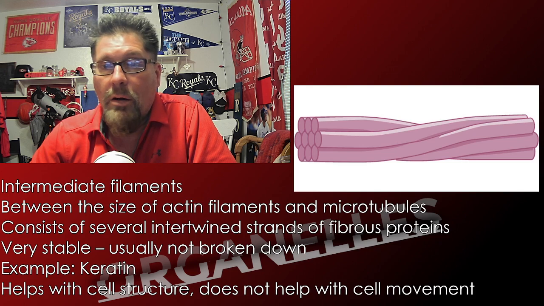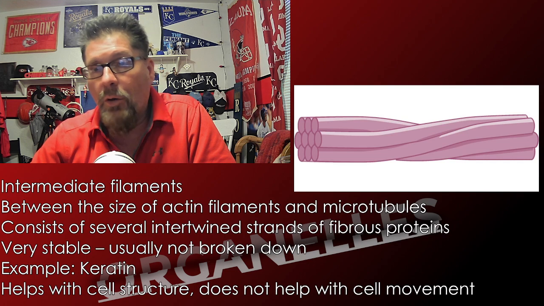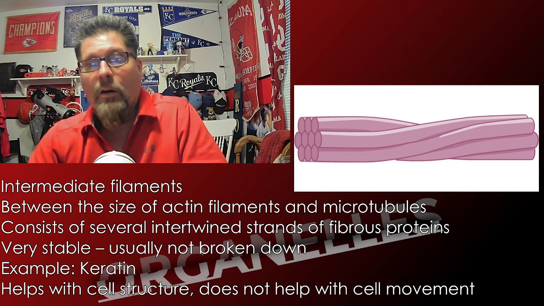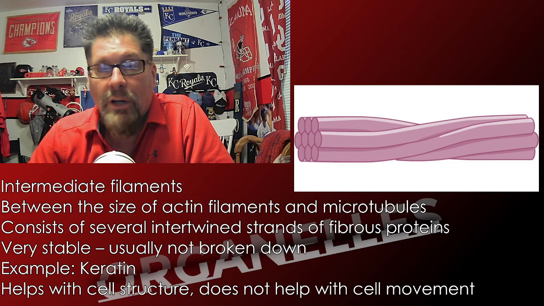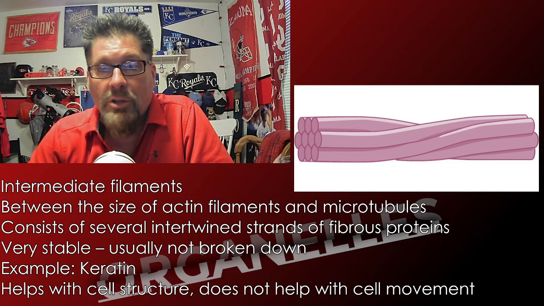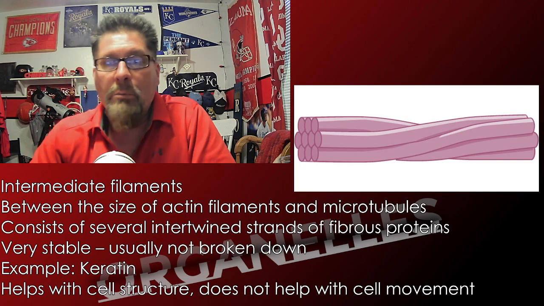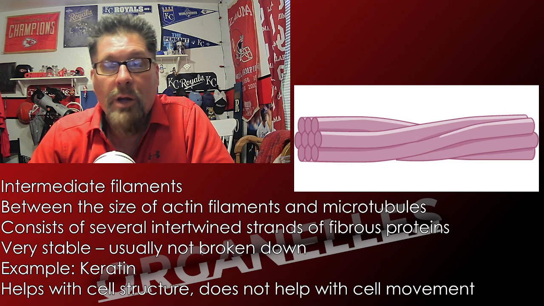They are very stable, not easily broken, but it's just a very thick weave of, like I said, a spider web, with the idea of attaching to everything and holding it in place. Again, it helps the cell structure, but because it's all over the place, it's not part of any movement that a cell might have. But again, just designed to keep everything in place.